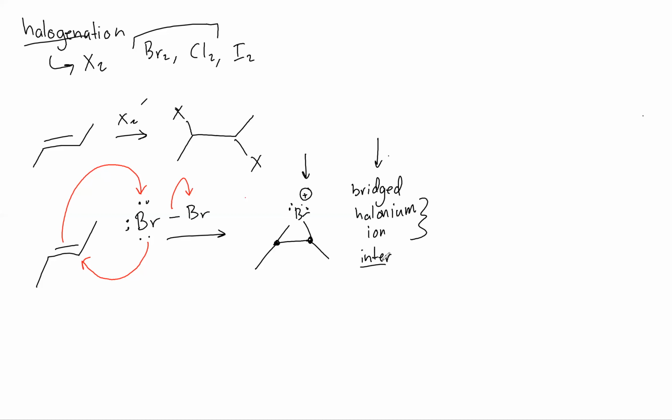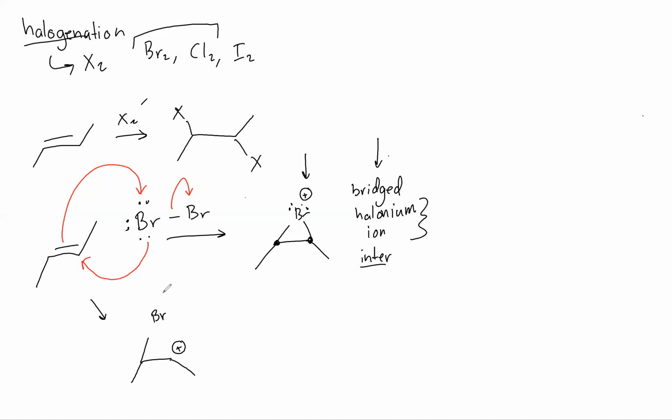So let's pause and talk a little bit about why this intermediate is formed. And I'll show you what if this intermediate wasn't formed, and what if we formed the carbocation instead. So if we form the carbocation instead, we would have a Br up here and a positive charge right here. Now, remember something about this Br-carbon bond.